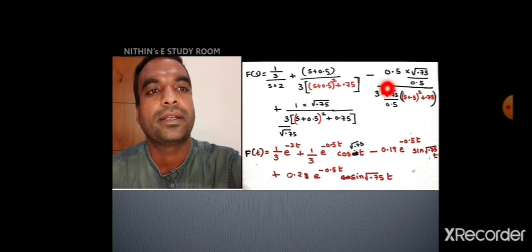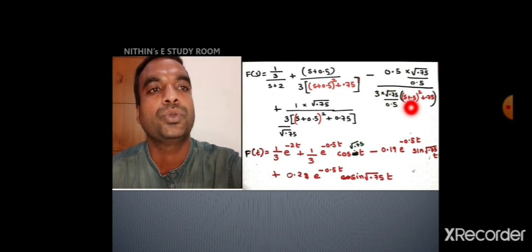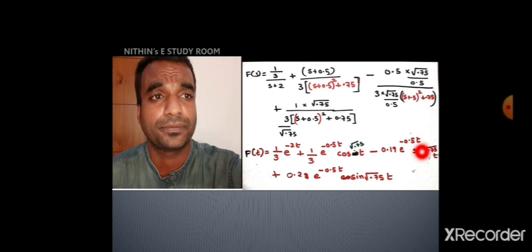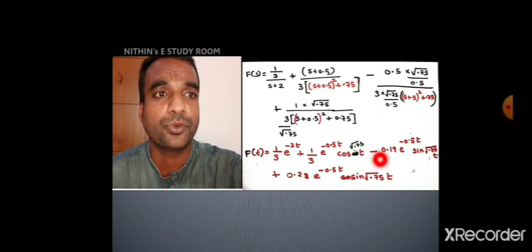And in this equation, now it is minus root 0.75 by some constant into s square plus omega square. So by solving all the constants, you will get 0.15 and shifting is 0.5.